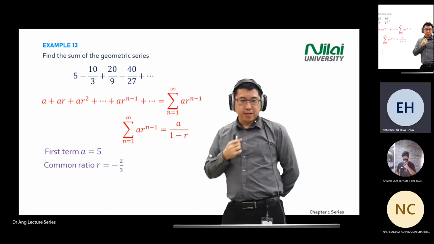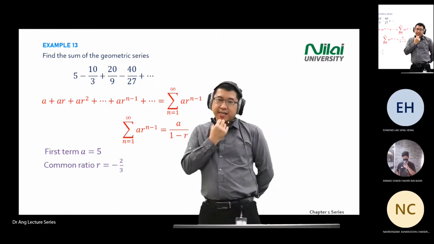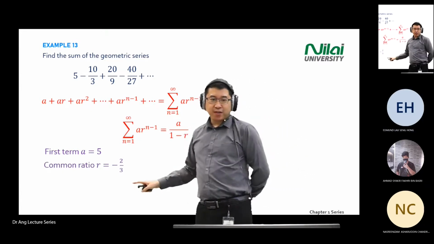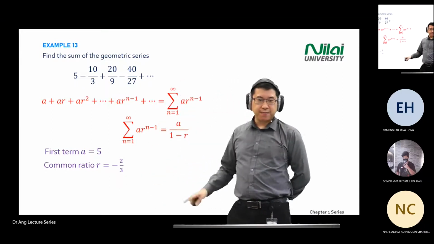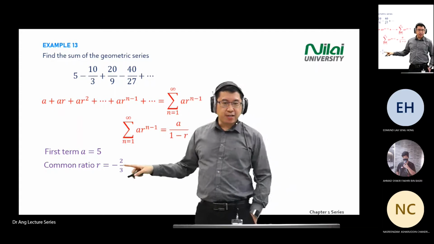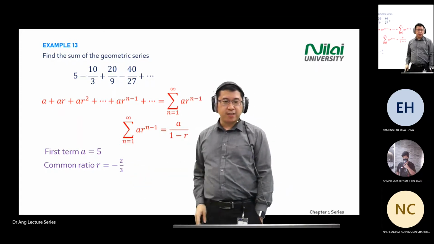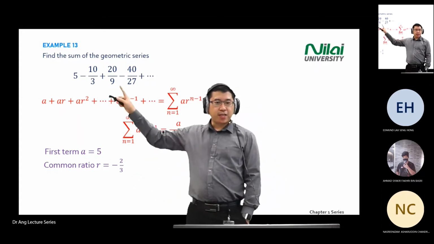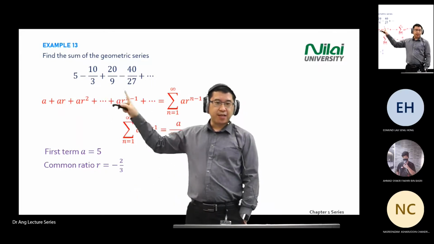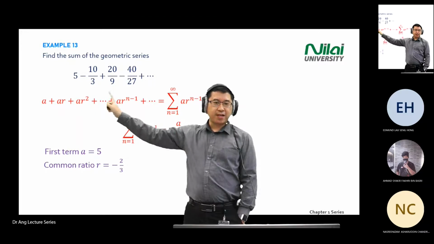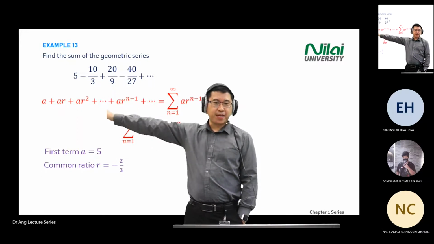So, I assume you know why I can say R equal to negative 2 over 3 because of geometry. The common ratio R equal to negative 2 over 3. How to get 2 over 3? You take the second number divided by the first number, and the third number divided by the second number.